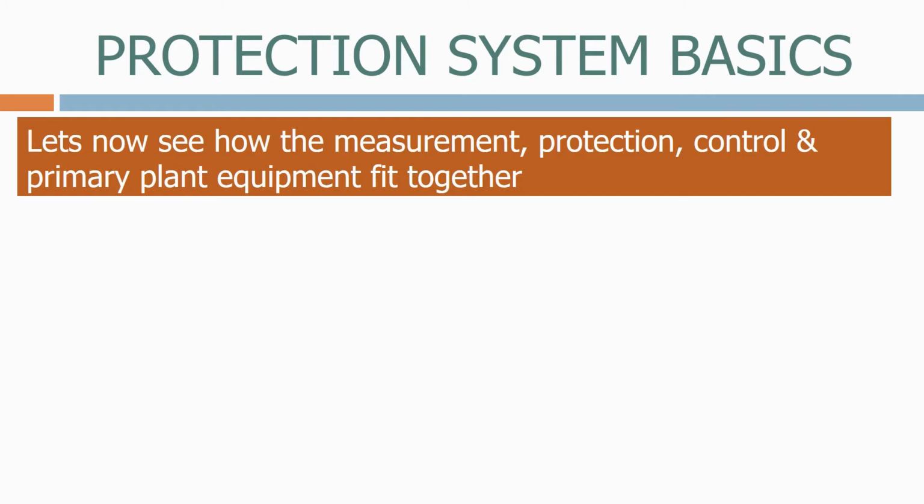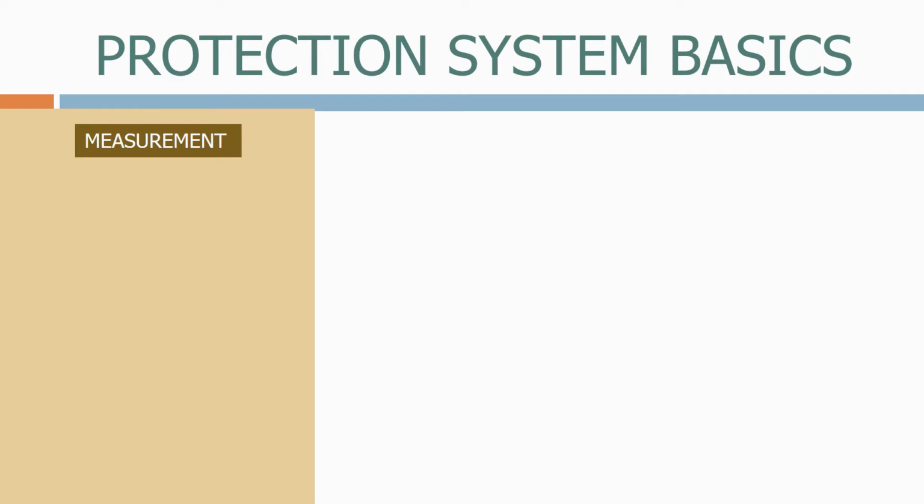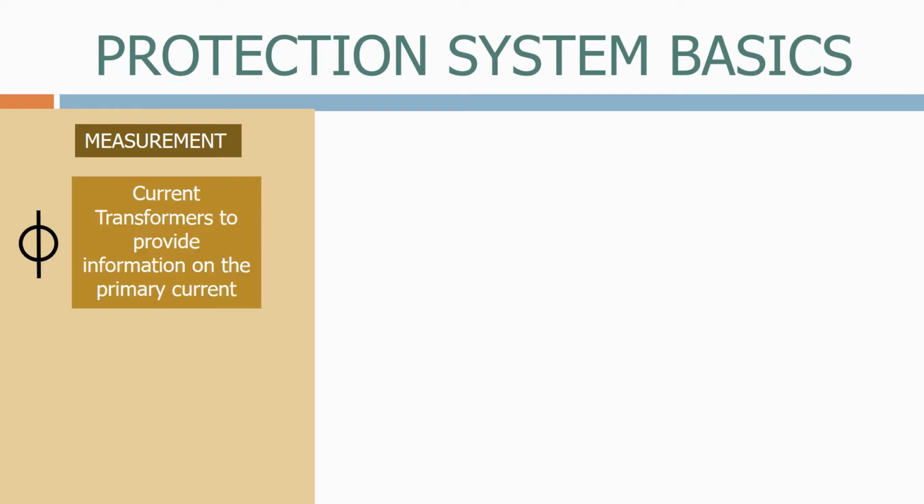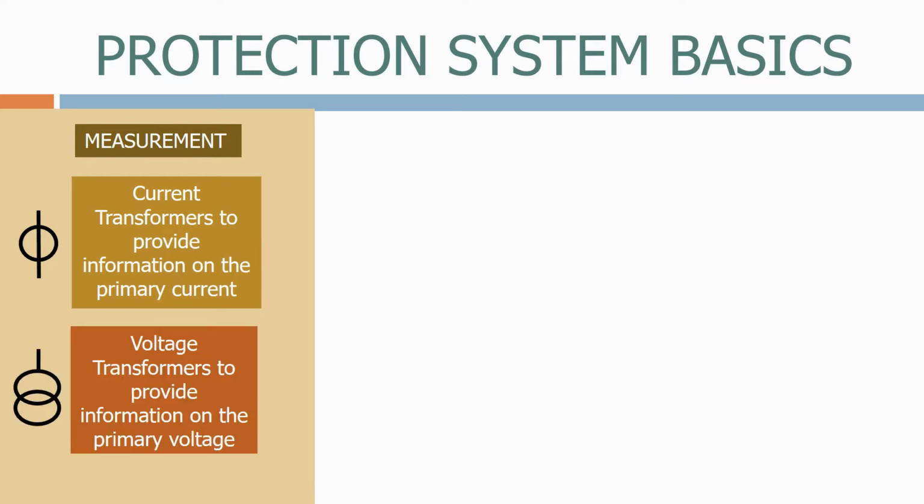Let's now see how the measurement, protection, control, and primary plant equipment fit together. First, we have the measurement equipment. This contains current transformers to provide information on the primary current, and voltage transformers to provide information on the primary voltage.